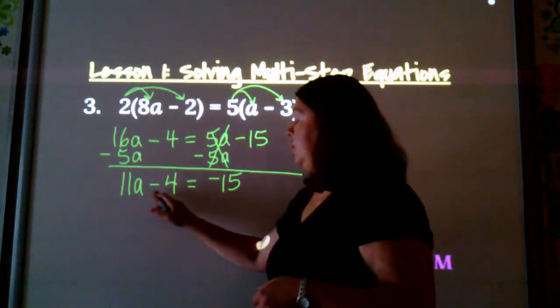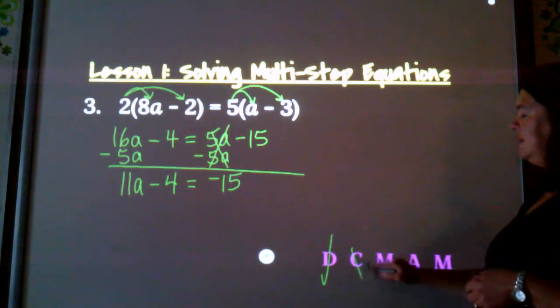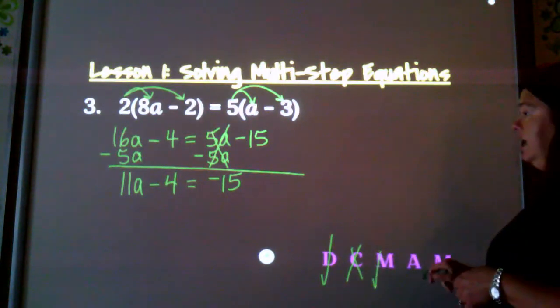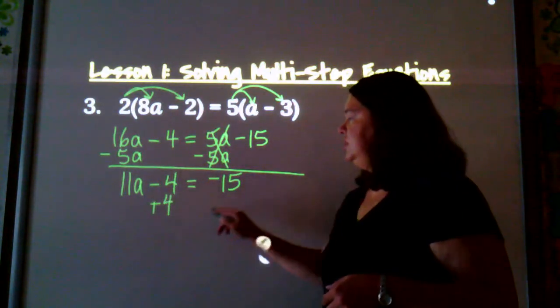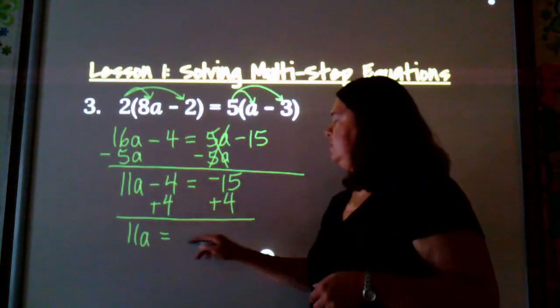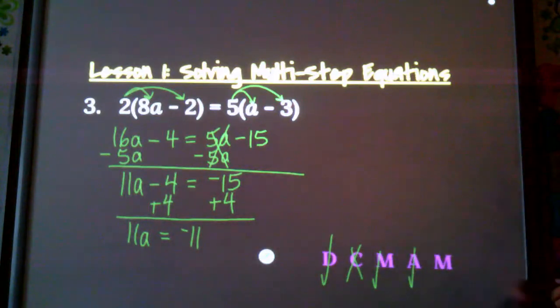All right, so I did my distributive property. I don't have any like terms to combine. I moved my variable. I'm going to move this subtraction, change it to addition. So I've got 11a equals negative 15 plus 4 is negative 11. So I took care of my addition.